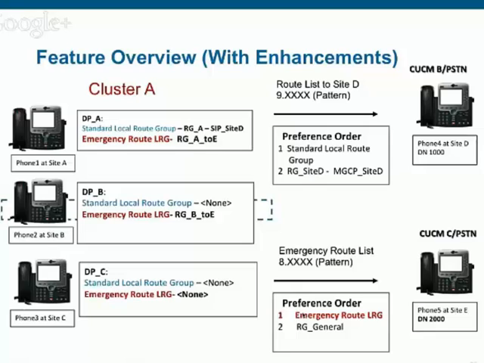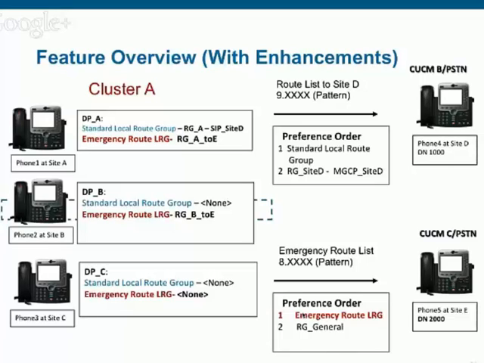So now phone A calls 8.xxx. Earlier we had to do manual configuration for all the three sites. Now, since we have an additional standard local route group as emergency route local LRG in there, we can map that, and we can see that route group A to E is being used.